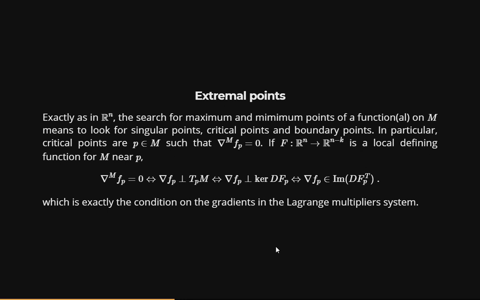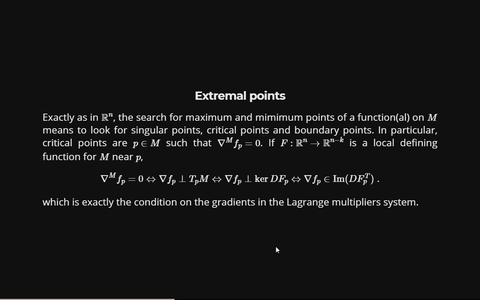Now, if you put everything together, if you have a local defining function, so a function such that M is the zero set of this function and the Jacobian matrix of the function has maximal rank all around, the gradient along M being zero means that the gradient in Rn of any extension is orthogonal to the tangent space.